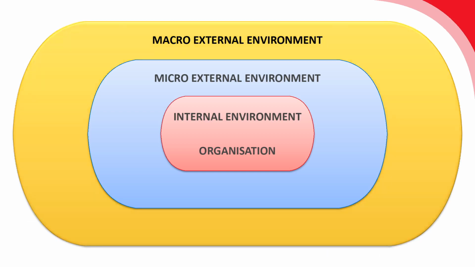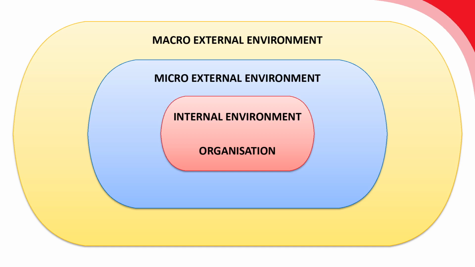So if we take these three distinct environments, we've got a pretty good understanding of how to categorize different elements of the environment that organizations operate within. The internal environment is for everything which is relevant or important to consider but exists within the organization, which the organization is going to have a significant degree of control over.